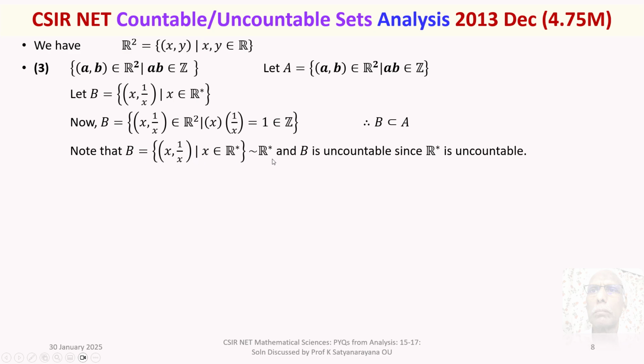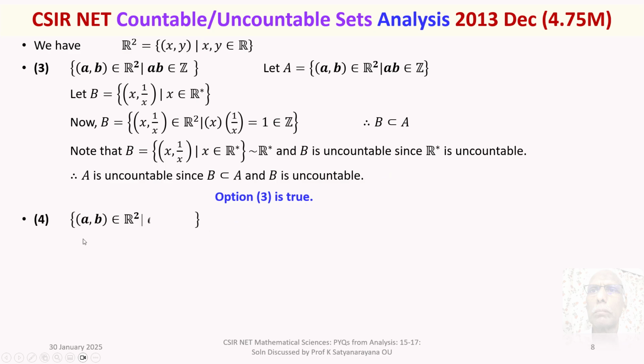So B is equivalent to R star and B is uncountable. Why? Because R star is uncountable, right? And B is an uncountable subset of A. Therefore, A is uncountable, because B is contained in A and B is uncountable. So option 3 is also true.